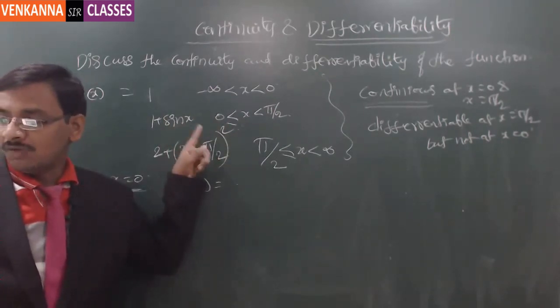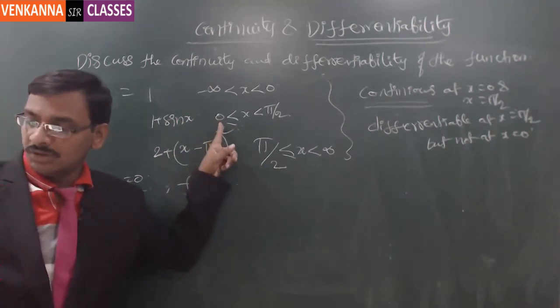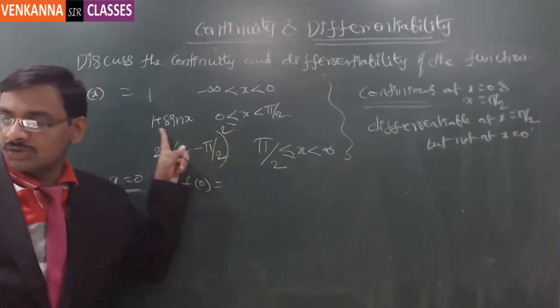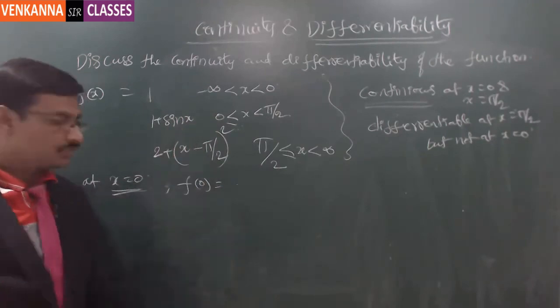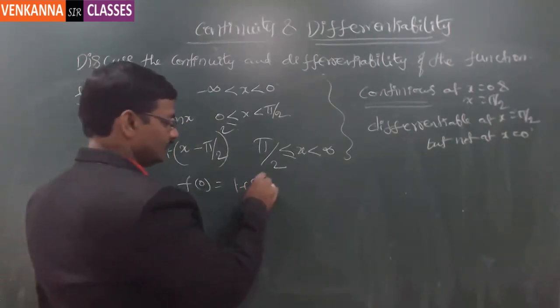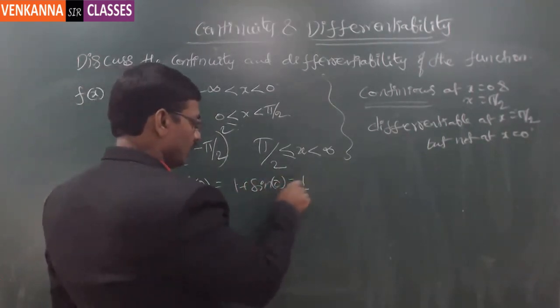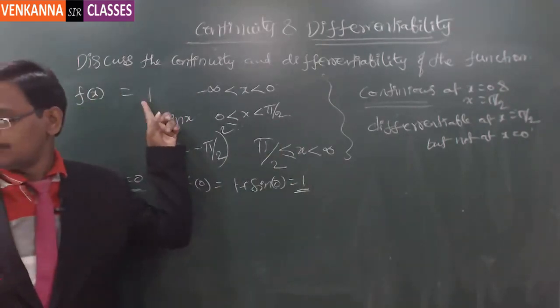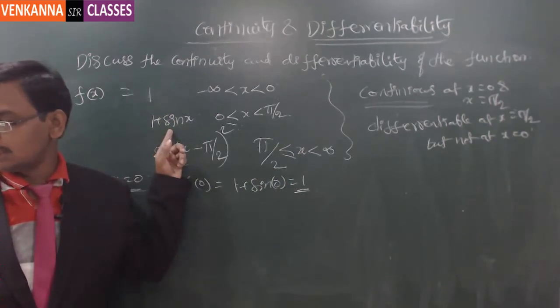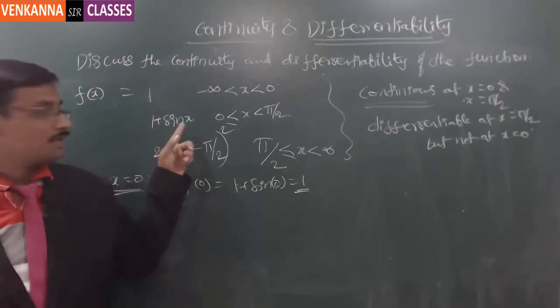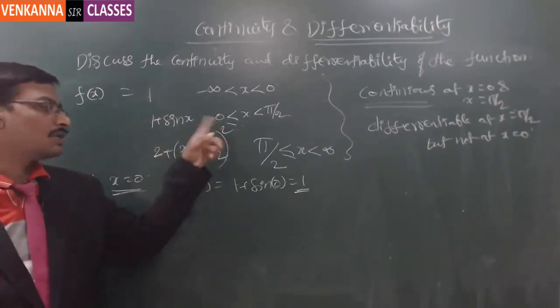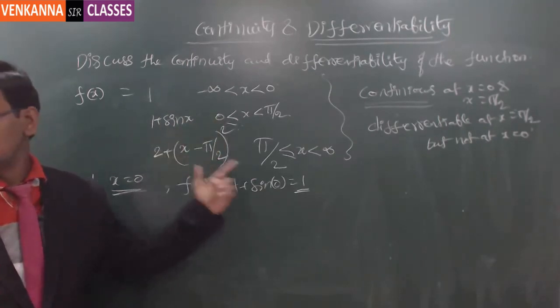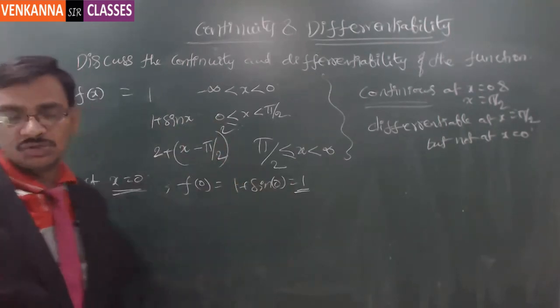That means when you are considering x is equal to 0, you need to substitute 1 plus sin 0, which is 1. You need to consider 1 plus sin x, not the other one. Then you are going to get the function value f of 0 is equal to 1.